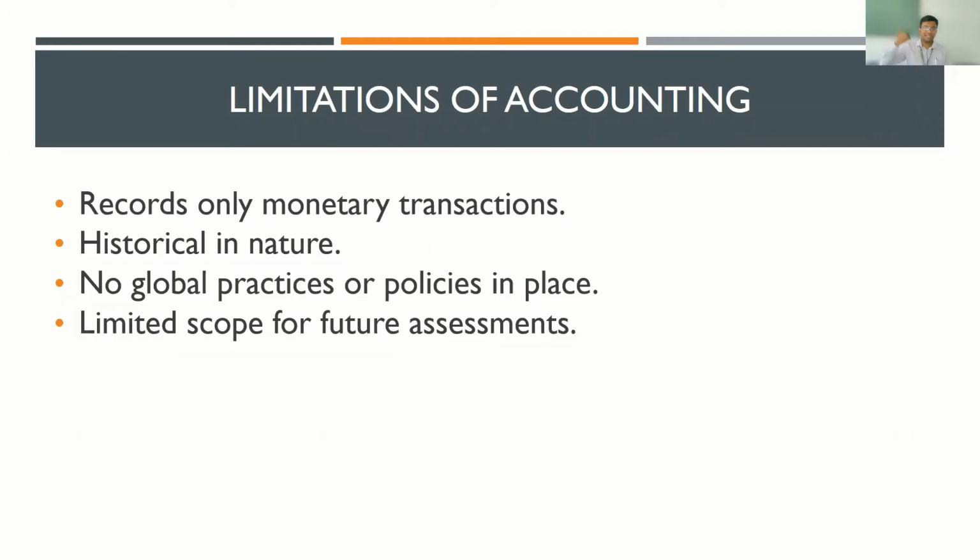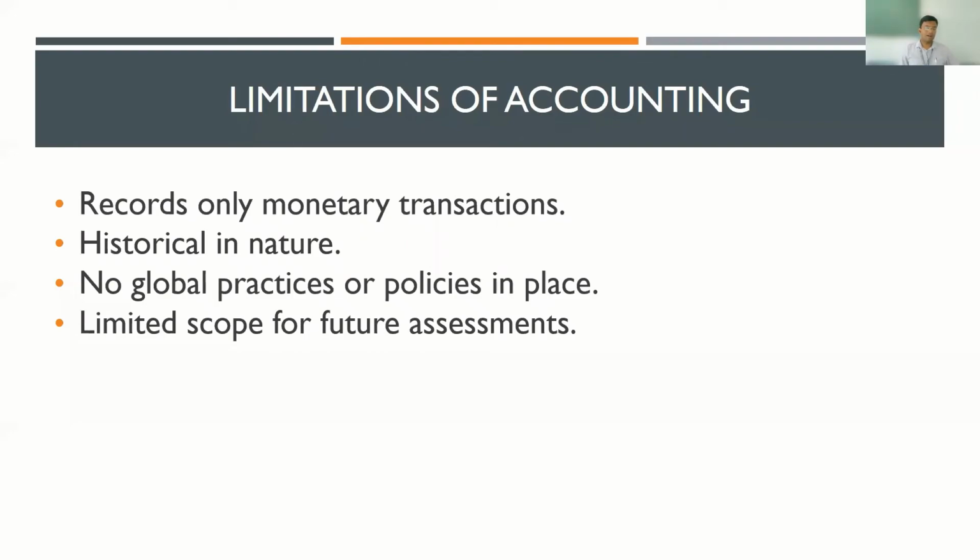Next limitation is there is very less scope for future assessment. For you to predict how transactions will turn out to be in the future, the scope in accounts is very less. For example, if I evaluate the marks of one of you students in the class for the last 12 years of your academic cycle, I will be more or less able to predict how likely you will do in your degree.